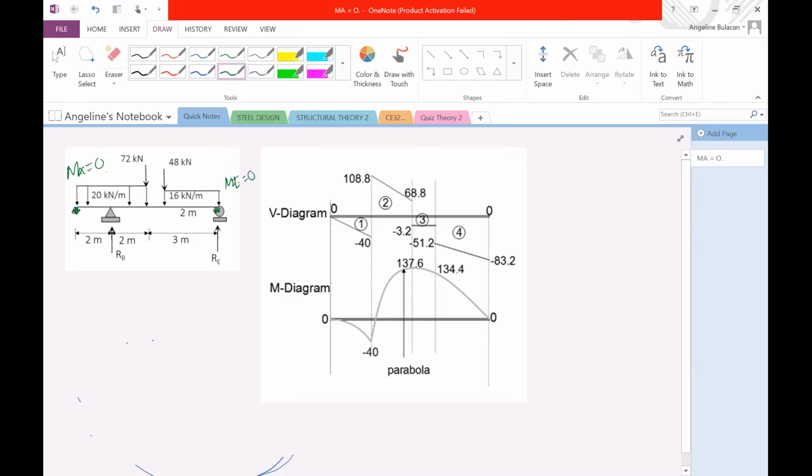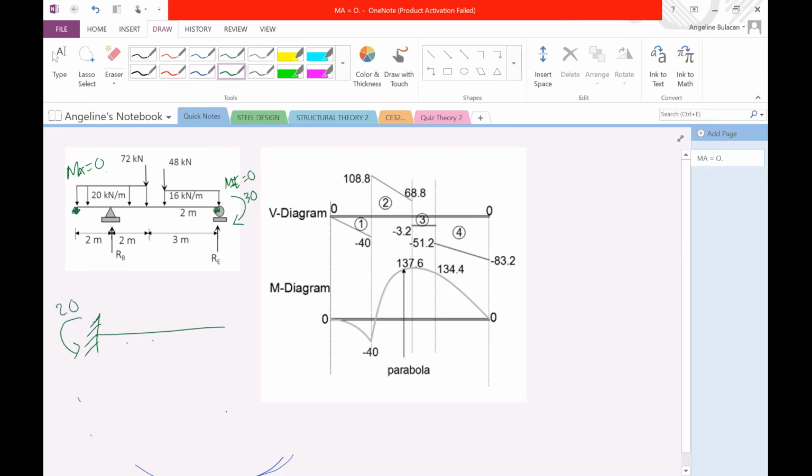Kailan lang yan magkakaroon ng value? Magkakaroon lang yan ng value if, for example, meron ka ditong external moment na 30. So, kunyari may nakalagay na moment. So, yung ME mo may value. Also, magkakaroon lang yan ng value if cantilever yung beam. Kasi 'di ba sa cantilever beam may moment, kunyari ito ang moment mo is 20.